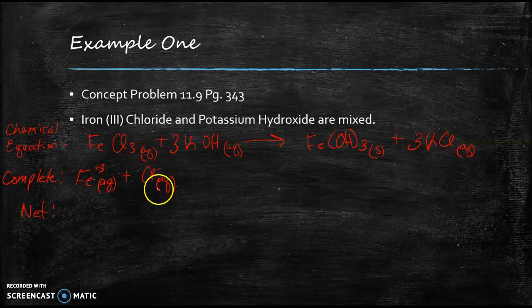Instead of leaving that as a subscript, we are going to move that to a coefficient now. The reason we move it to a coefficient is because chlorine by itself is not a molecule containing 3 chlorides. Instead, putting it as a coefficient identifies that this is simply 3 chloride ions dissociated in a solution.